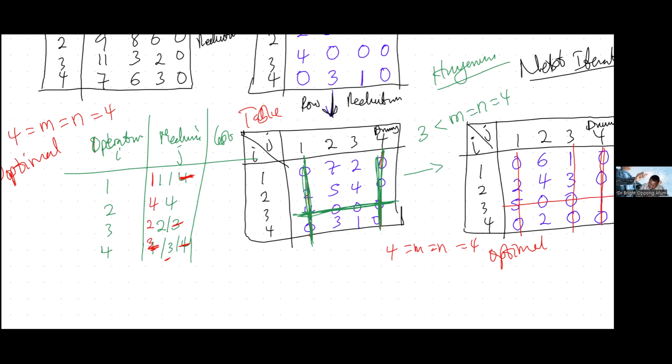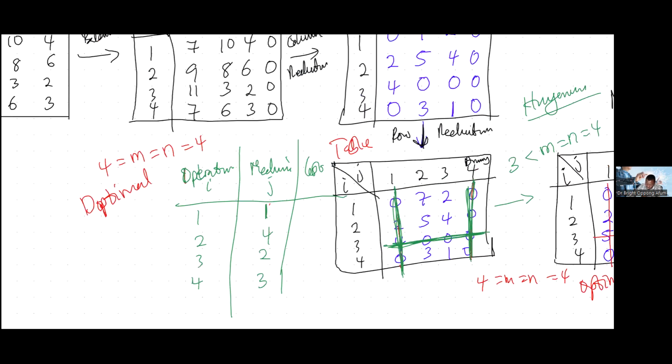So I can clean all this and make the assignment work, which is 1, 4, 2, and 3. Okay, so what this means is that we assign 1 to 1, 2 to 4, 3 to 2, and 4 to 3.